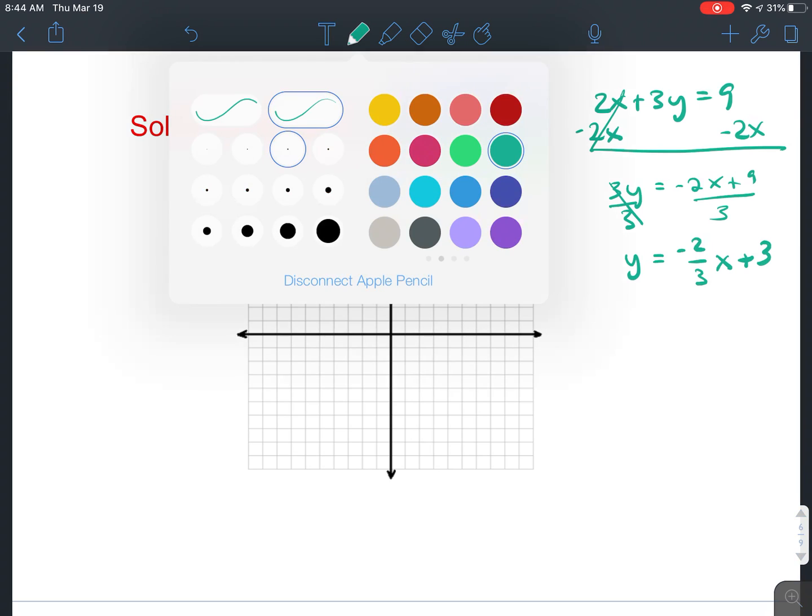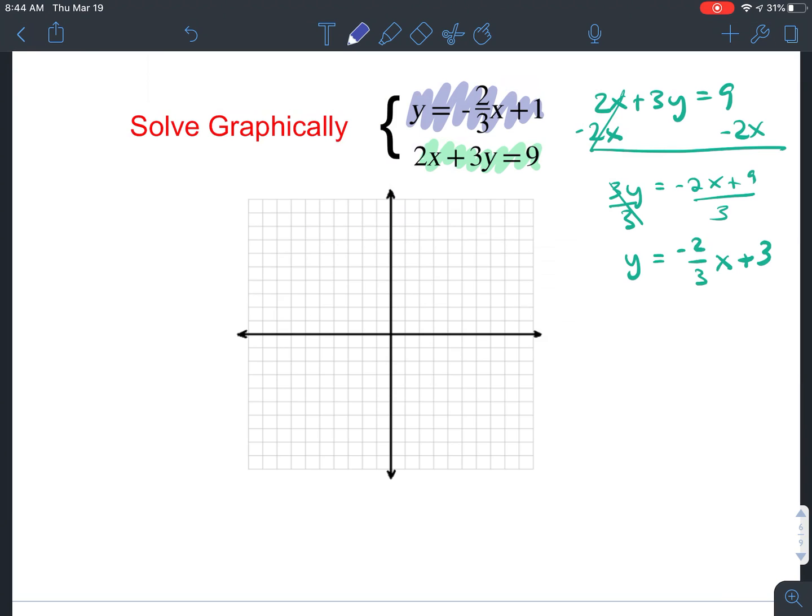So let's graph the blue line first. We have a y-intercept of 1 and a slope of negative 2 over 3. So that's down 2 over 3, down 2 over 3, and on the other side, up 2 over 3, up 2 over 3.